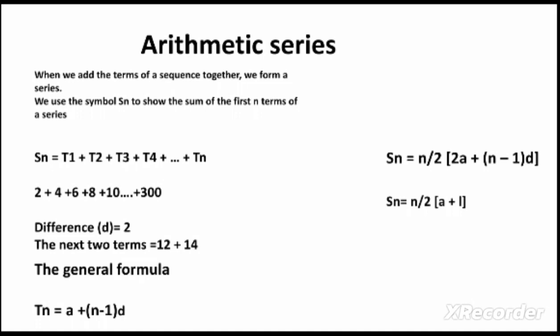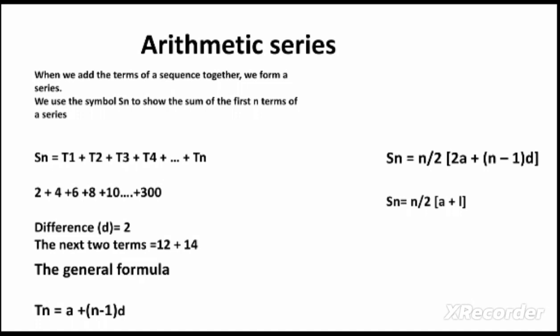That's how they show their last term. They write dots, and after the dots they write plus and then a certain number. That shows that those dots represent the numbers that are between 10 and 300.